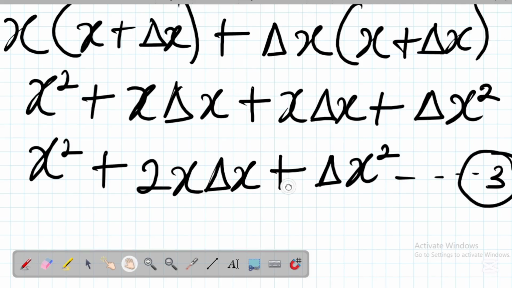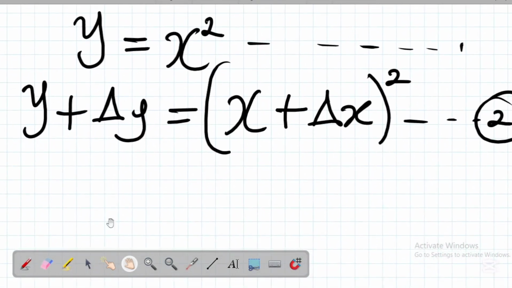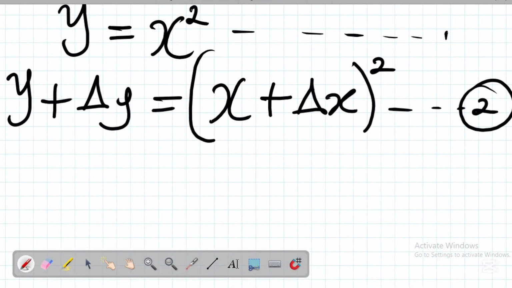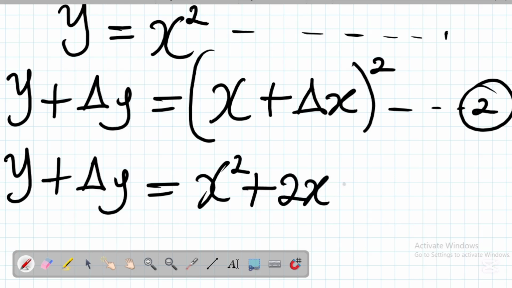Now our next task is to substitute equation 3 into equation 2. So if we substitute equation 3 into equation 2, we would have y plus change in y equals x squared plus 2x change in x plus change in x squared.